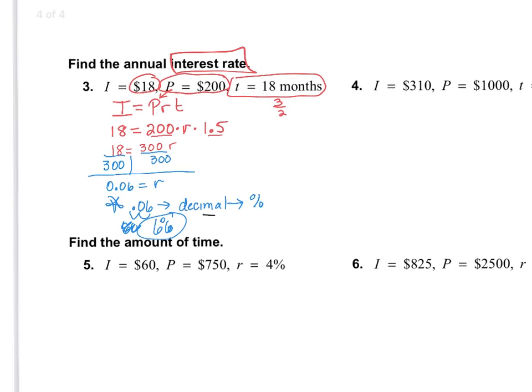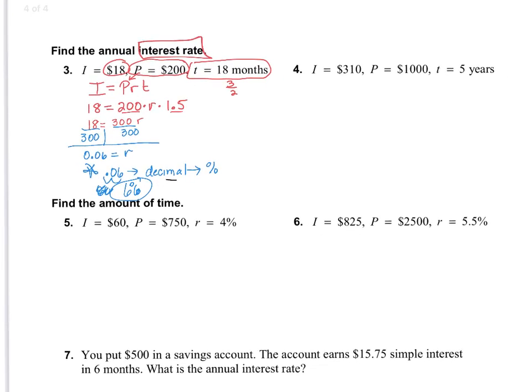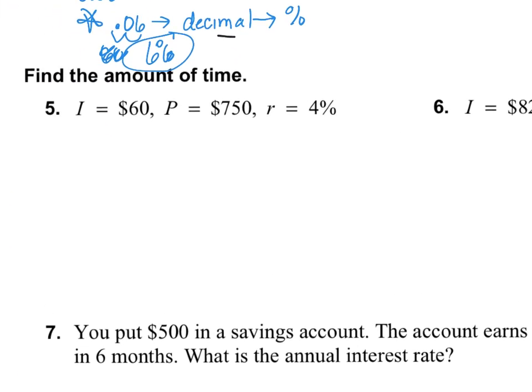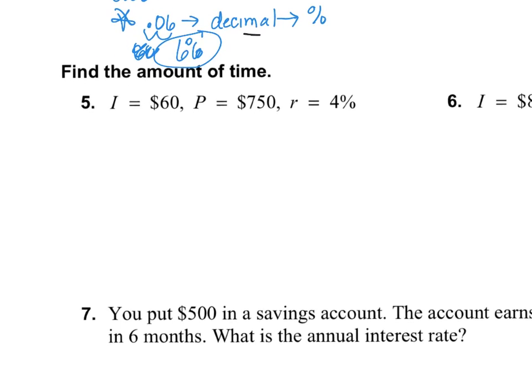You're going to do the same thing on number 5, which says find the amount of time, which is T. Again, we're going to use I equals PRT. This time it says find the amount of time, that's what we're trying to find. So here's I, which is 60. My P is $750.